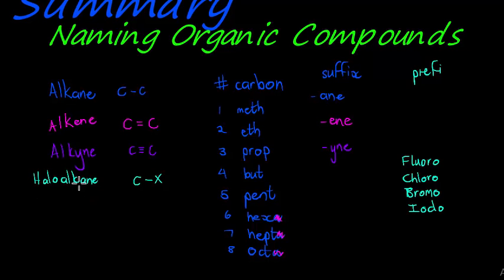After the haloalkanes, we looked at alcohols. In an alcohol, we have a carbon that is bonded to an oxygen bonded to a hydrogen, in other words, a hydroxyl group. A carbon bonded to a hydroxyl group is an alcohol. It is important that the rest of these are all bonded to carbon.